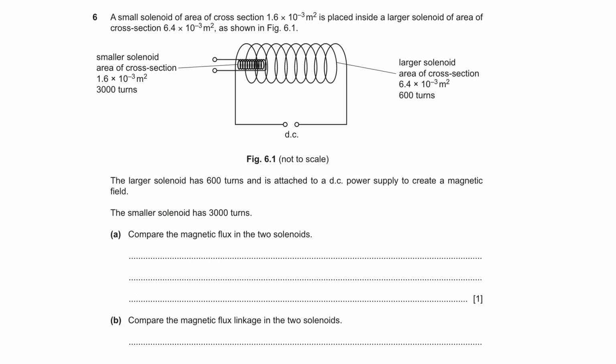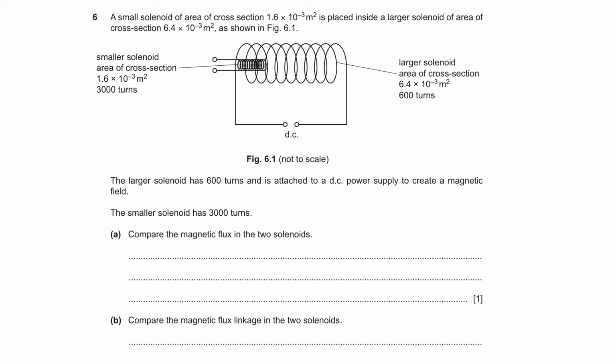Question number 6 says a small solenoid of area of cross section 1.6 × 10^-3 meters squared is placed inside a larger solenoid of area of cross section 6.4 × 10^-3 meters squared as shown. The larger solenoid has 600 turns and is attached to a DC power supply to create a magnetic field. The smaller solenoid has 3000 turns. Compare the magnetic flux in the two solenoids. Now magnetic flux is BA, magnetic flux density times the cross-sectional area.